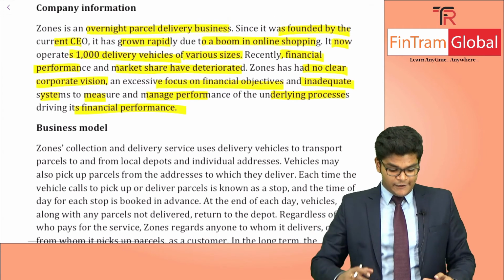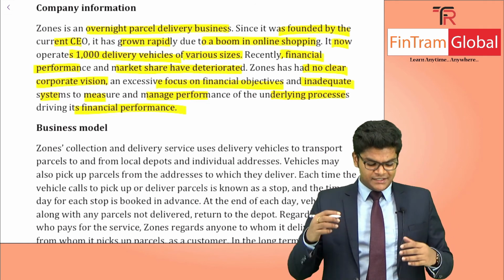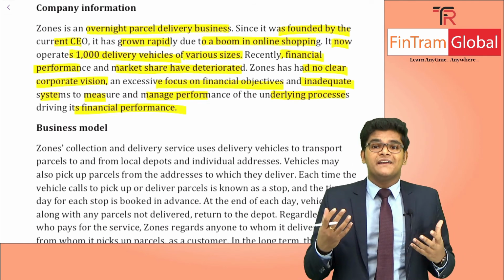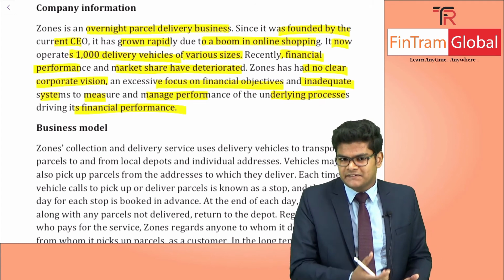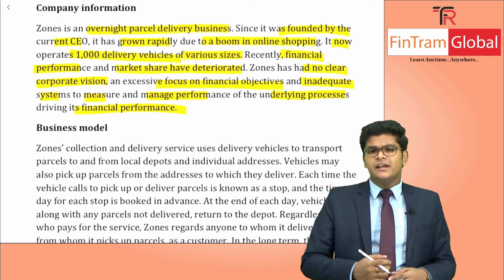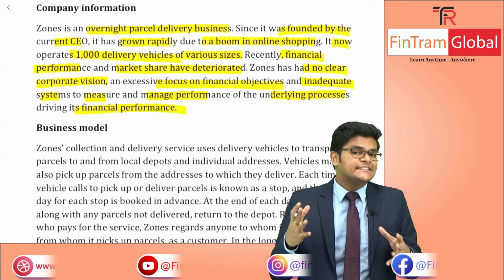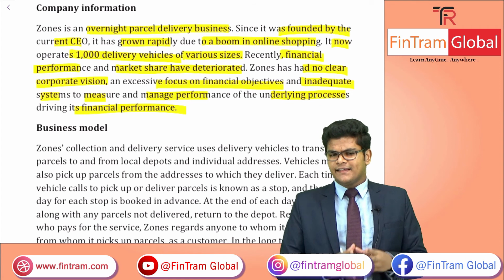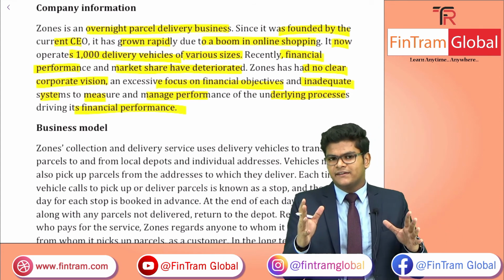It is basically an overnight parcel delivery business, and of course it doesn't necessarily have a corporate vision. Okay, so that can be problematic. Their processes might be a bit more inefficient. And what else? Yeah, their primary focus is on the financial aspects of the organization, isn't it? And that is yet again another problematic aspect as well. Okay, so we understood this much.